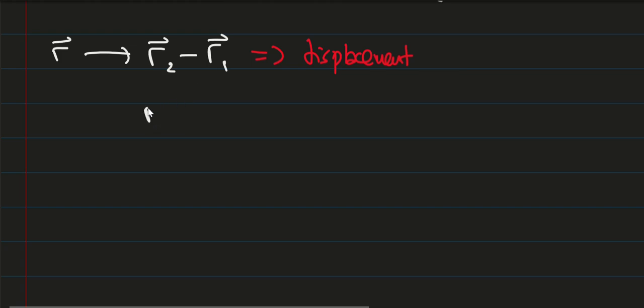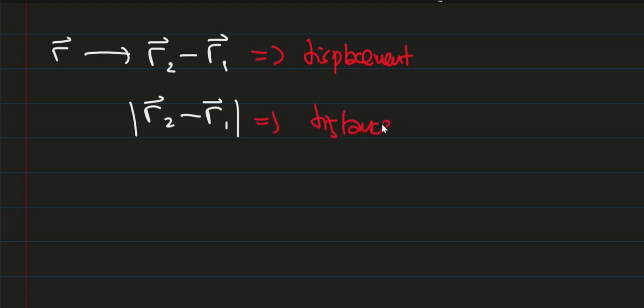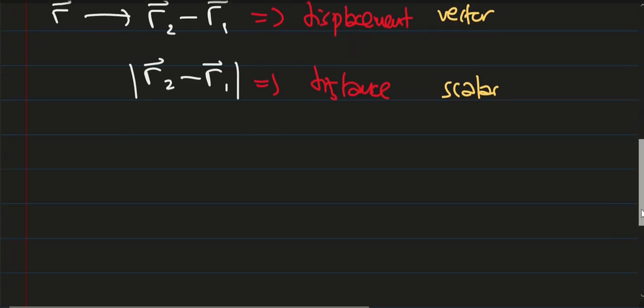The absolute value, or magnitude, of this new vector we call the distance. That means displacement is a vector, where we need direction and magnitude, but distance we only know as a number, just a scalar.